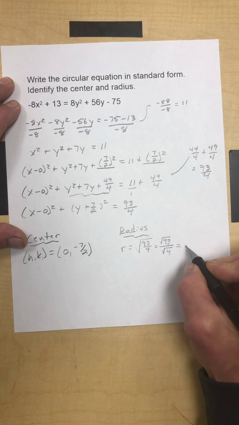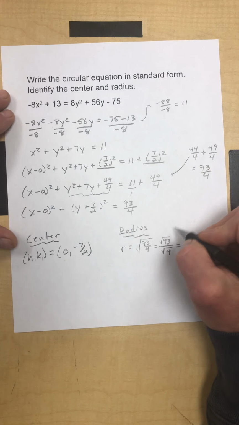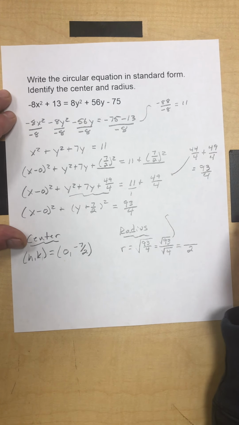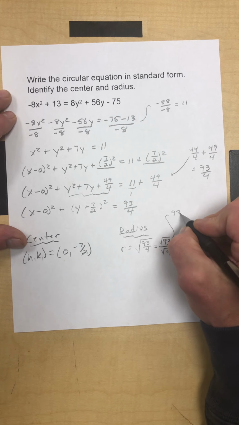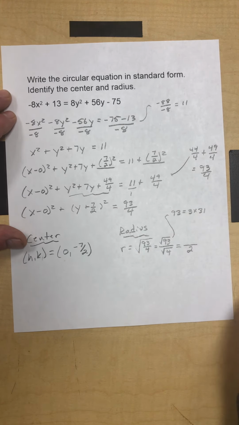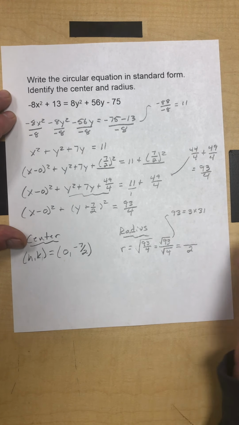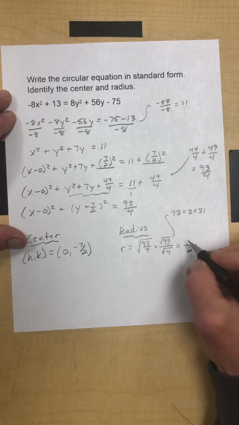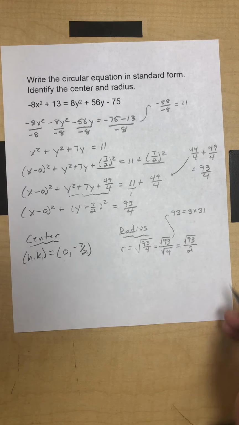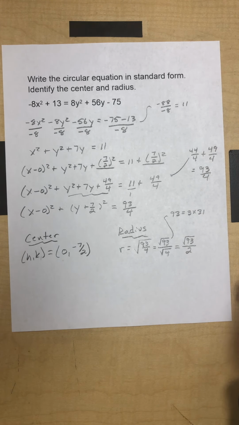All right, so I know the square root of 4 is 2. 93, let's see, can I do something with that? 93 is equal to 3 times 31. Yep, and 3 and 31 are both prime, so the only factors of 93 are prime, so it's in simplest radical form. We do not have to rationalize, so we're done.